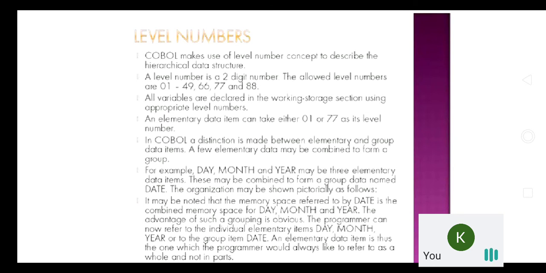For example, you're going to use some data where you have a group data item, a most inclusive group data item, and under that group data item you're going to have various sub items. Suppose the group data item name is groceries. Under this, we are going to add some sub items.